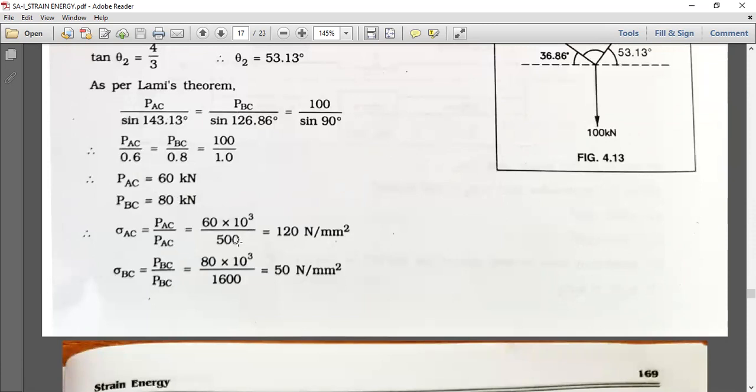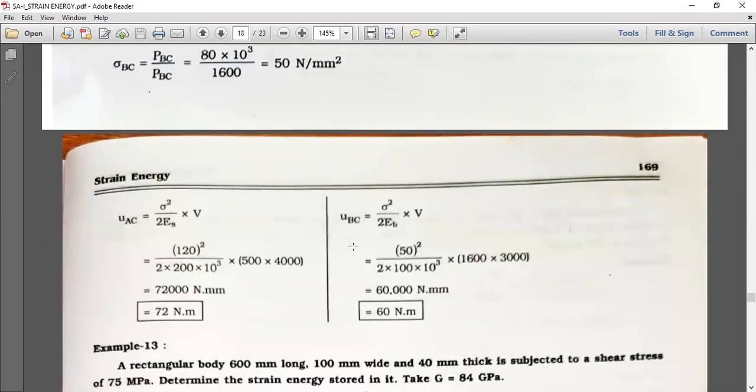Now from the equation of stress, sigma is equal to P upon A. Sigma AC is equal to PAC upon area: 60 into 10 raised to 3 divided by 500, we can get 120. Similarly, sigma BC is 50 Newton per mm square.